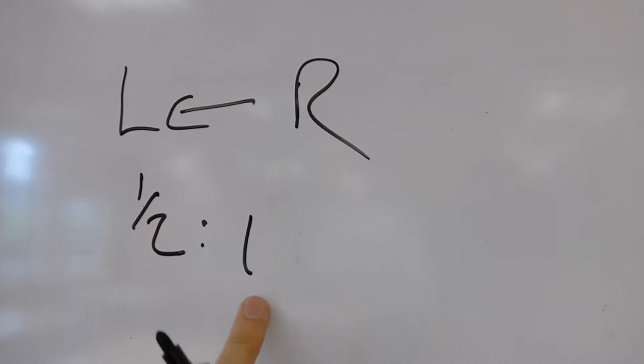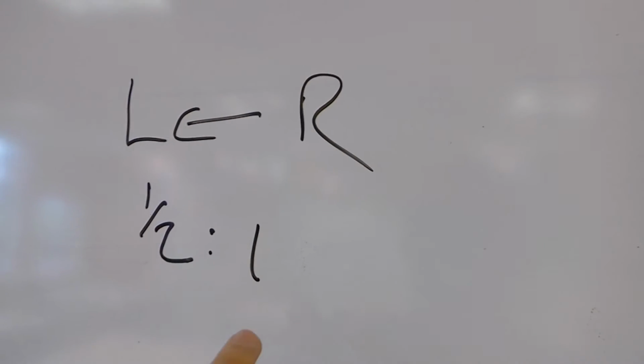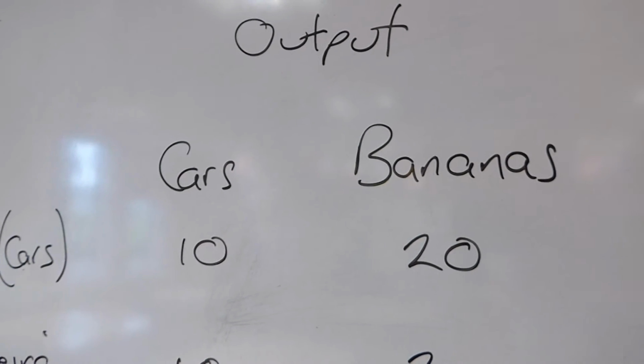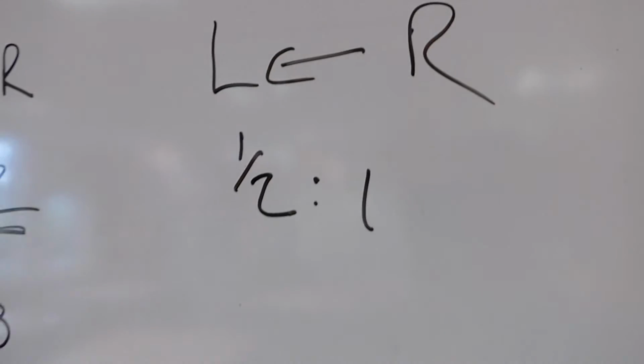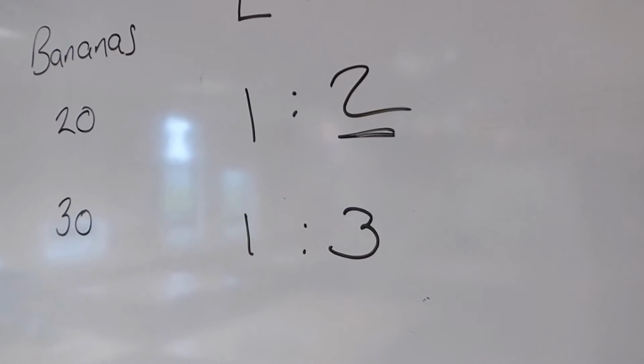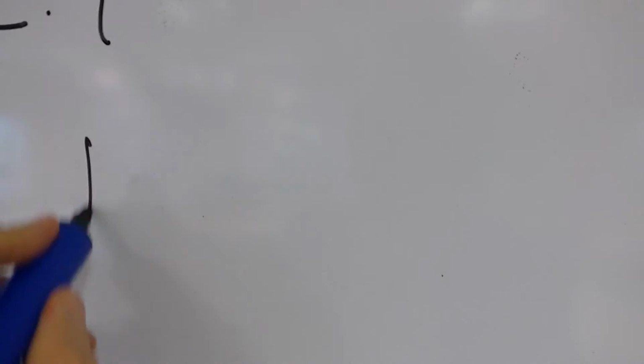When we're working right to left, we're then dealing with which country has the comparative advantage for the good which is on the right. So it's bananas in this case. So it's 1 to a half there, and in Madeira, it is 1 to a third.